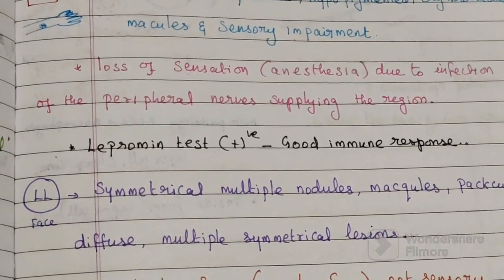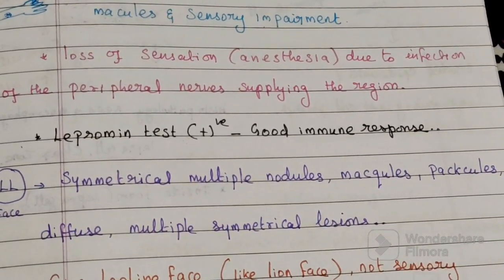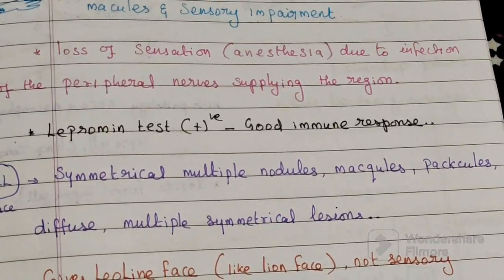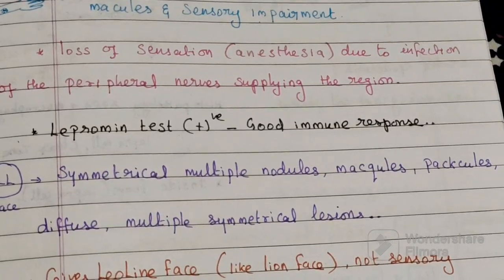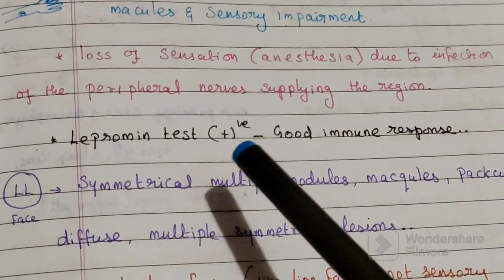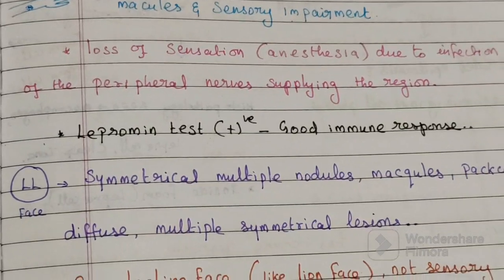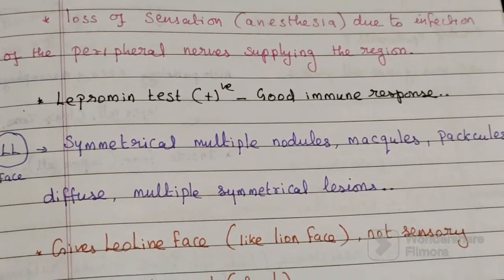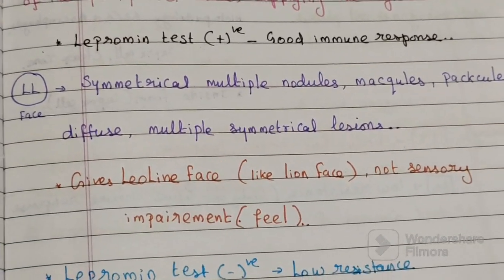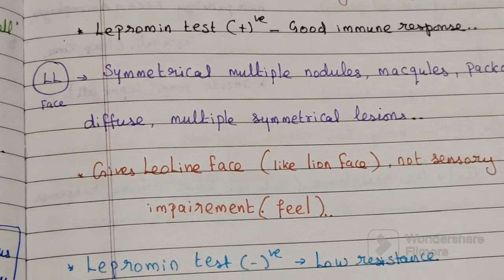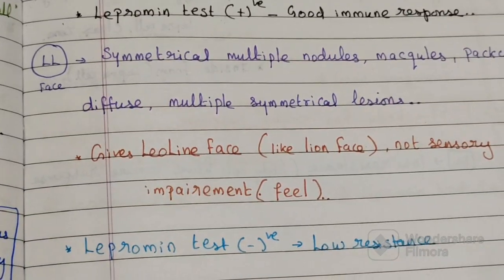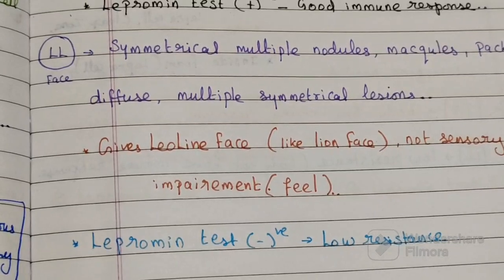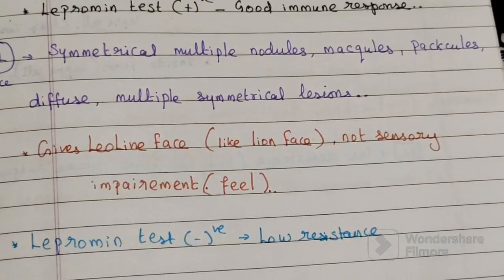Then the leprosy test is positive. This person has resistance to fight against the bacteria and a good immune response. That's why it is called highly resistant. In lepromatous leprosy, the leprosy test is negative, which is not a good thing. The immune response is suppressed and resistance is low.